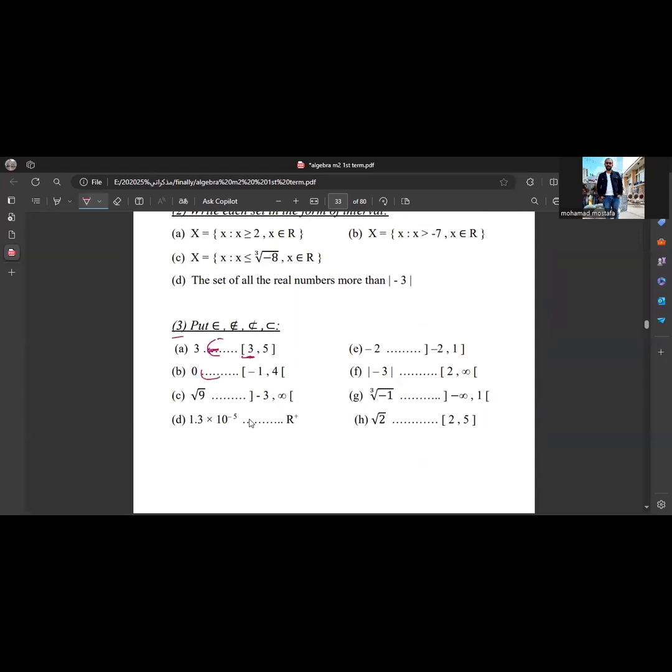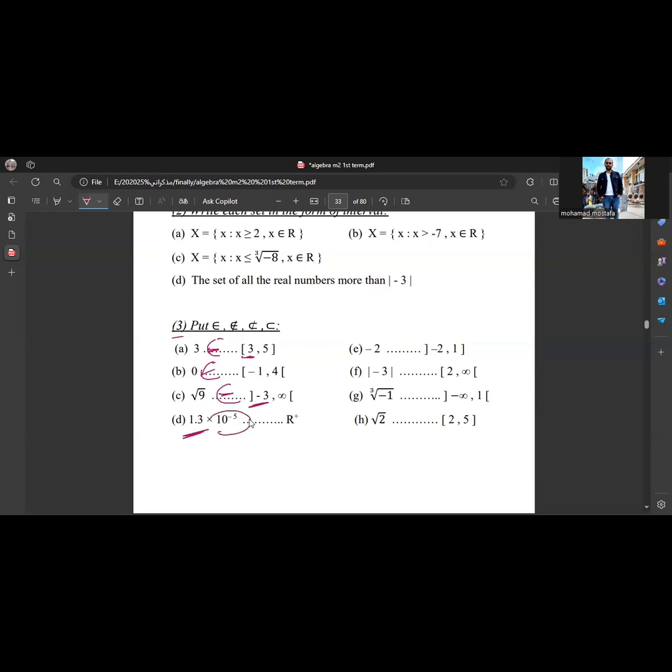So it belongs to this. Root 9. Root 9 is 3, and here I start from -3 and take the positive numbers to infinity. So I have -3 not with me, but I have -2, -1, 0, 1, 2, 3. I have here 3, so it belongs.